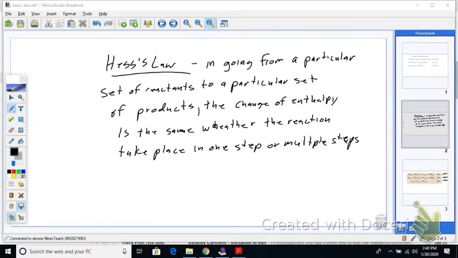If you're at 2,000 feet and you go multiple ways to get up the mountain and you get to a certain height, the energy difference is the same. Because if I go up 1,000 feet in elevation, the work that you put in to go up 1,000 feet is exactly the same no matter what direction you take. You're still potential energy 1,000 feet higher. And that's what this is saying. You can go through it multiple ways.